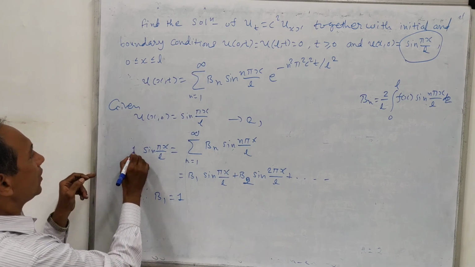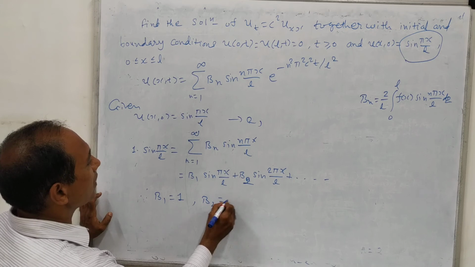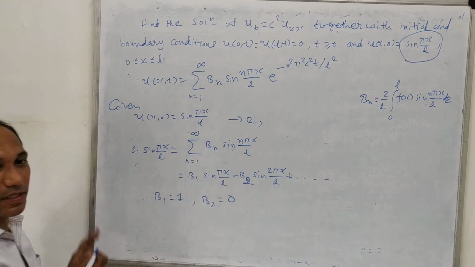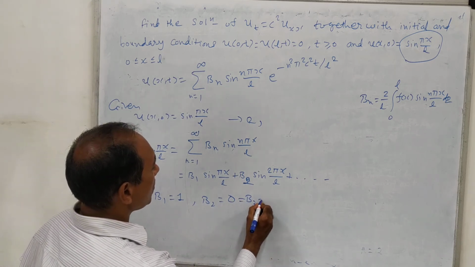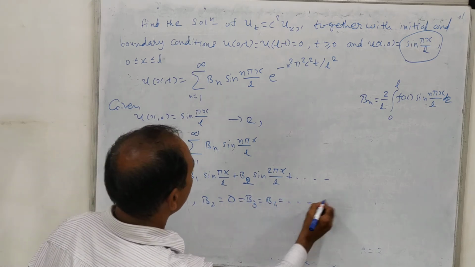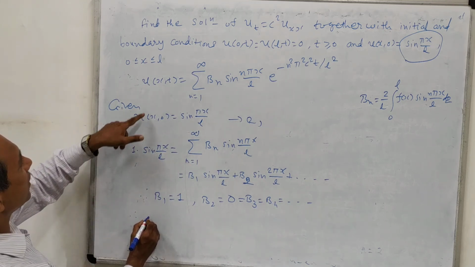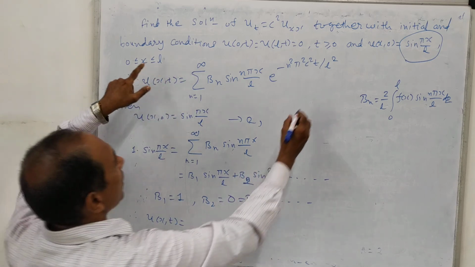Then the coefficient of b2 is sine 2 pi x upon L, but on the left hand side nothing is there, so it is 0. Similarly b3, b4 are all 0, and only b1 we have obtained, and therefore we put its value over here in equation number 1.